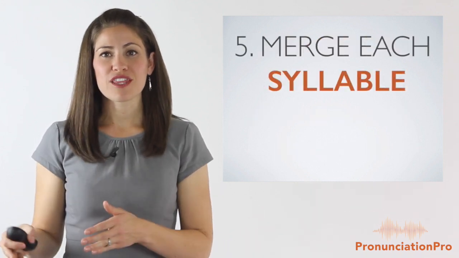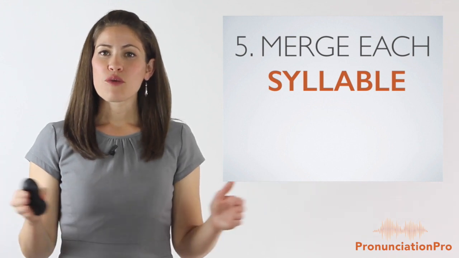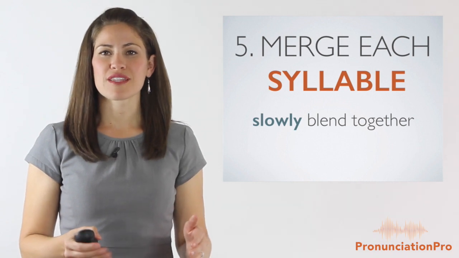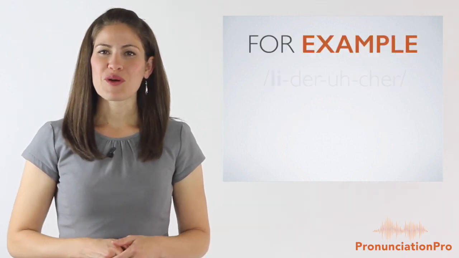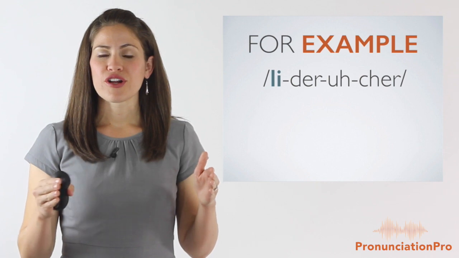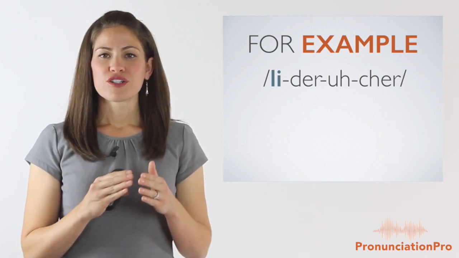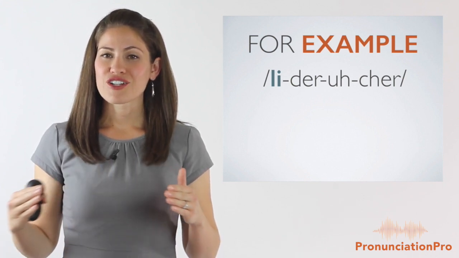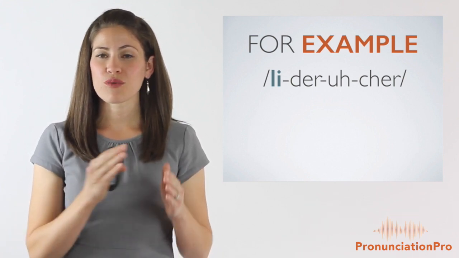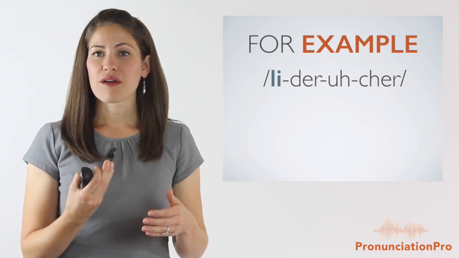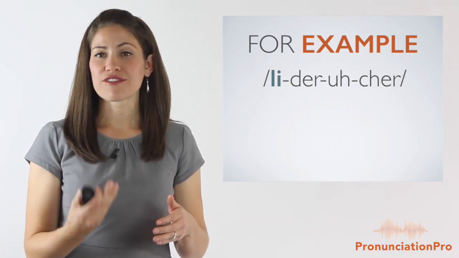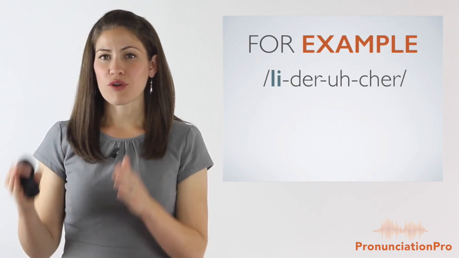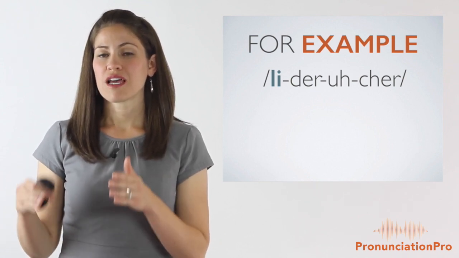So once you're able to say those specific sounds individually, then we're going to start merging them together. You are going to slowly blend those sounds together. For example, li-der, der-a, a-ture, whatever the combination, wherever you find difficulty in pronouncing that word, that's where I want you to practice and break it into smaller chunks.